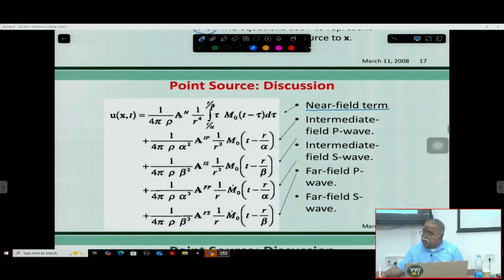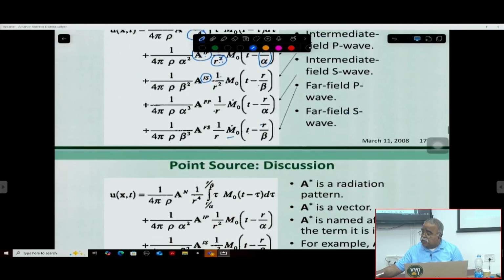If it is an intermediate field, then this is 1/r square, and the far field will be 1/r. For the intermediate path, it is 1/r square, and this is t minus r by alpha. So that is your distance traveled, right? So this is your intermediate S wave. Intermediate far field P wave is this, far field S wave is this, right?